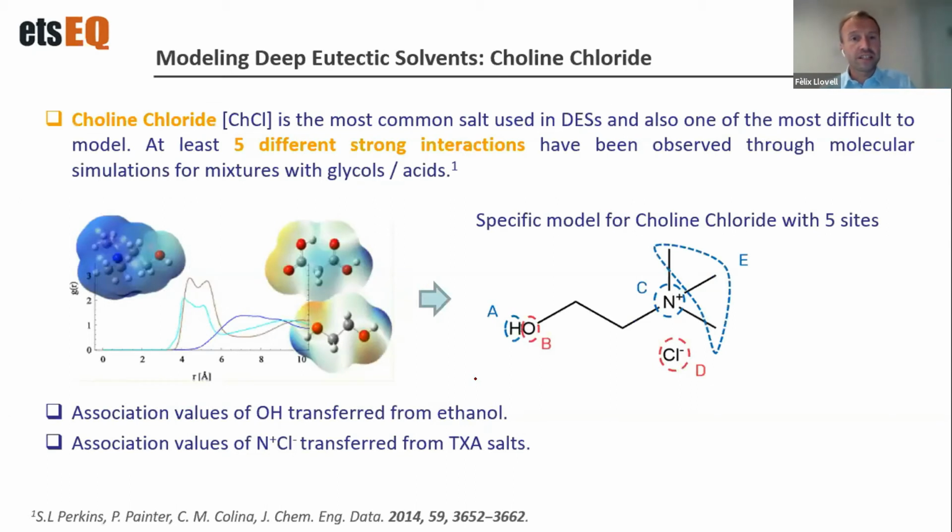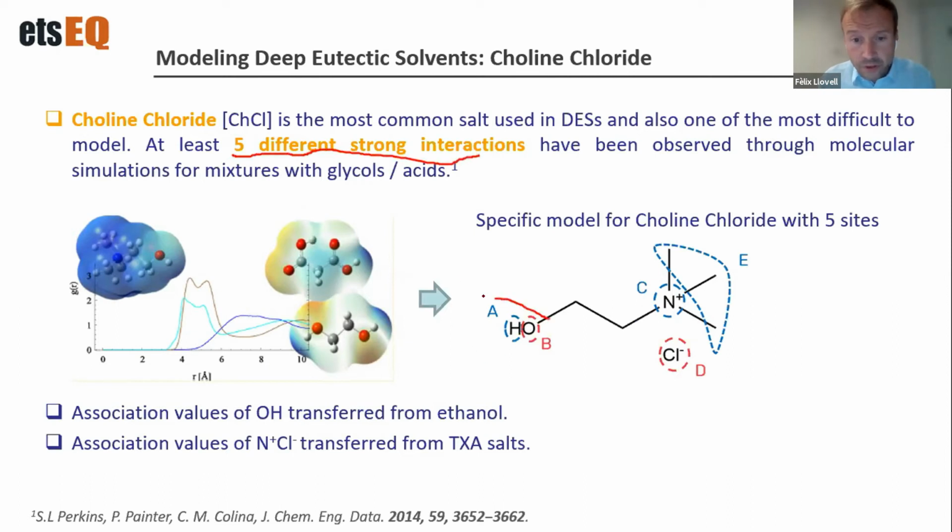However, for choline chloride, the results are not so easy to model. We can see that choline chloride has many different interactions. I mentioned that in the previous slide when I talked about the work of Dr. Hunt. So here, just for choline chloride, not urea, we can identify five different strong interactions.